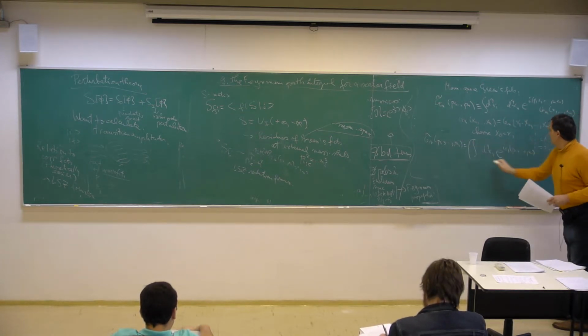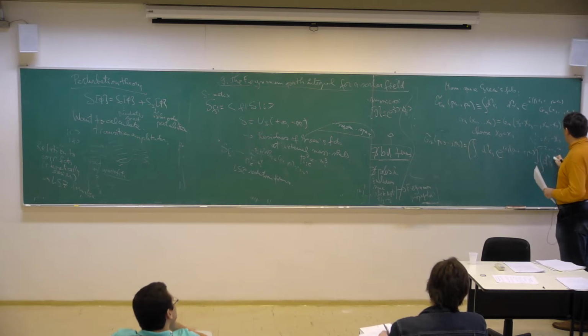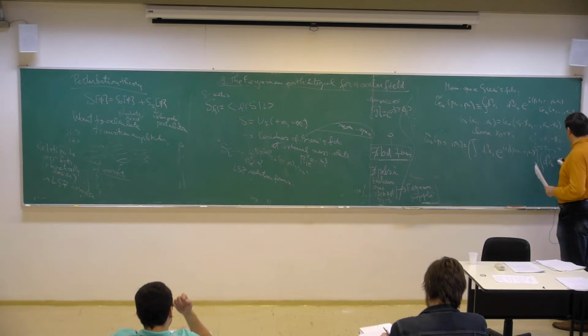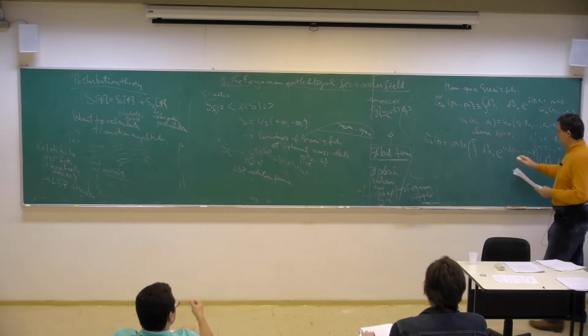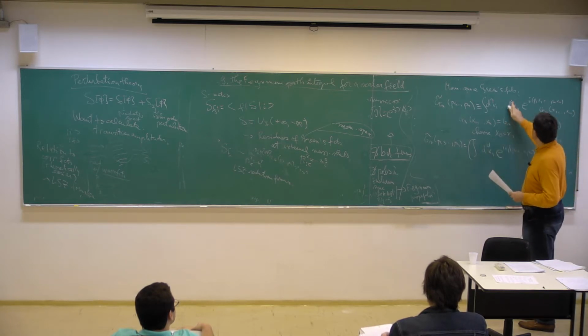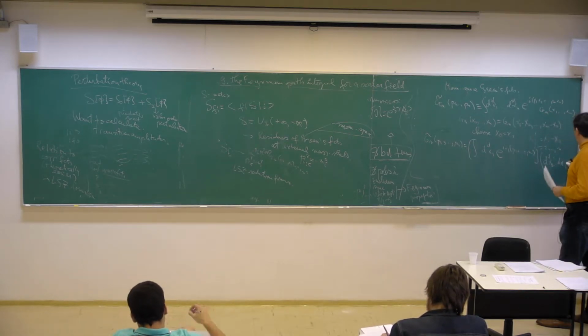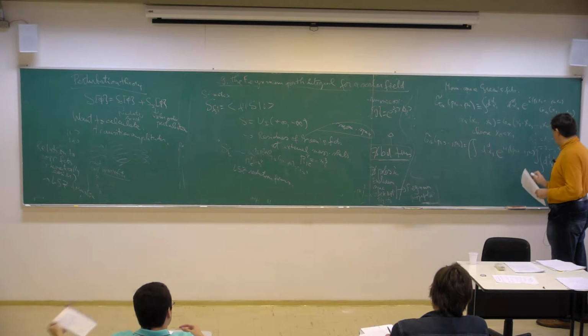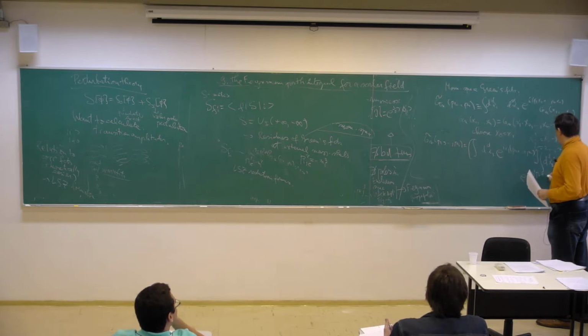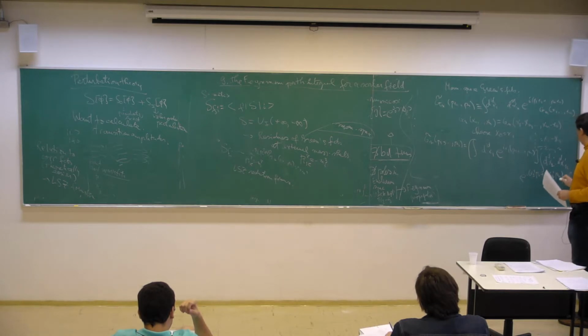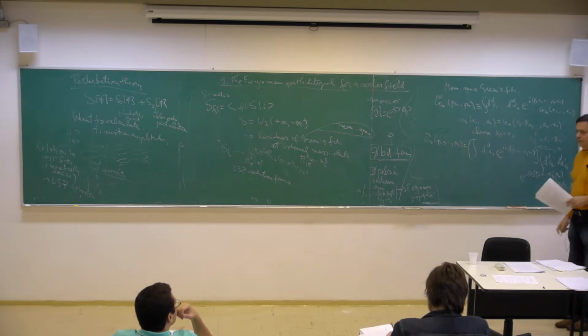And then the integral d^n x2 prime through d^n xn prime, and in here I would write e^(i(x2 prime p2 + ... + xn prime pn)) times Gn(0, x2, ..., xn). Okay?